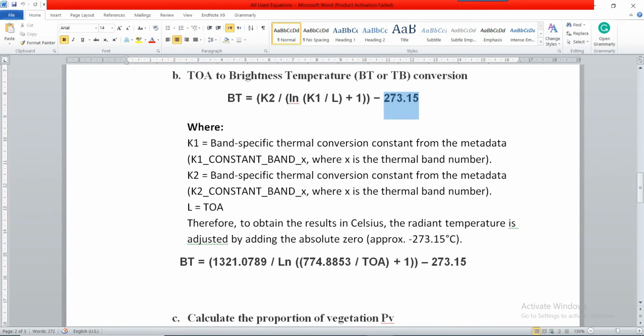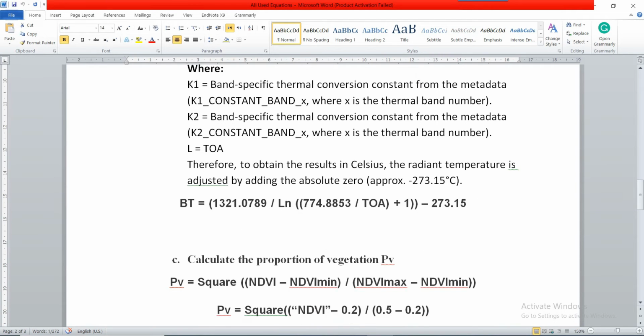So this is just for conversion. So we have K2, K1, L, and this value. Now we have the formula ready. Those values, as I told you, come from the metadata file.